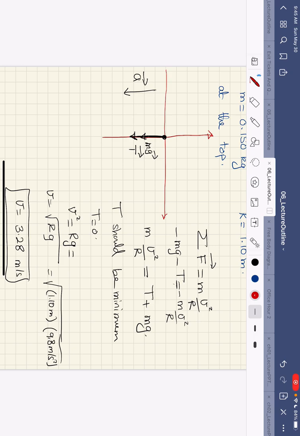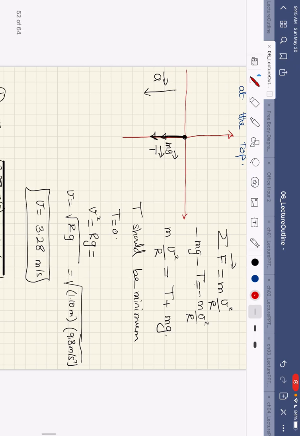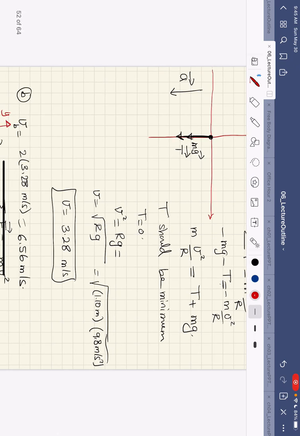But of course, I can cancel these negatives, and finally I will have my equation like this. At the top, T should be the minimum, otherwise the object will not be able to make it. And v squared will equal r g, and then v equals square root of r g, and I have calculated that speed to be 3.28.